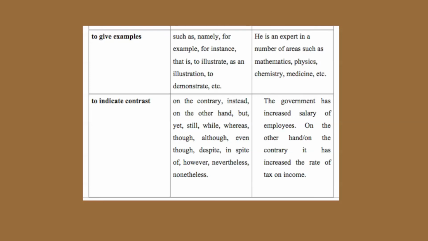The example is, the government has increased the salary of employees. On the other hand, or on the contrary, it has increased the rate of tax on income. These on the other hand or on the contrary are used to give a contrast here. So, these are working as the sentence connectors or transitions.